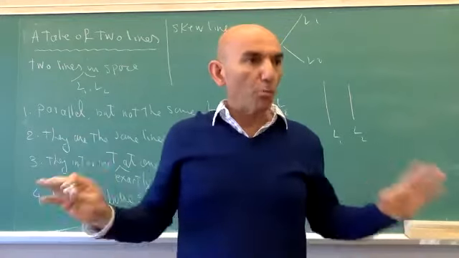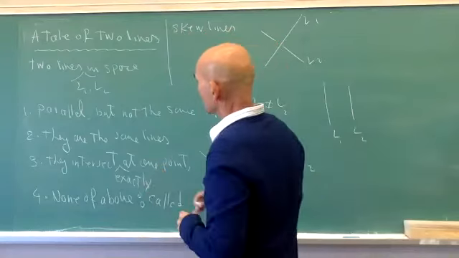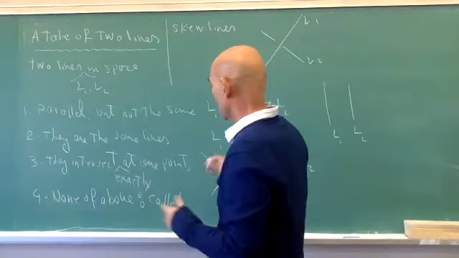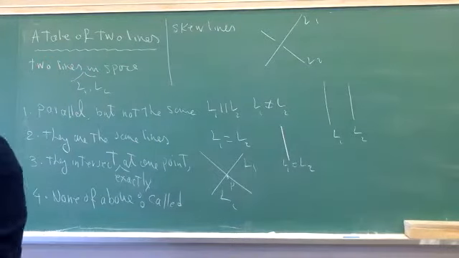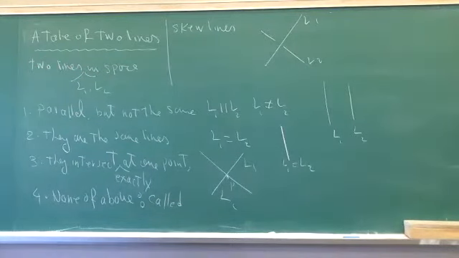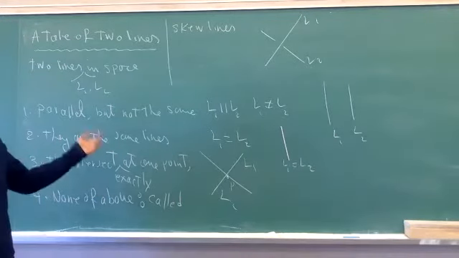So there are only 4 possibilities for these 2 lines. The tale of 2 lines is like this. And now the task is, I give you the equations of these 2 lines. You have to tell me which is which. Are they parallel? Are they intersecting? Are they skew and stuff like that?